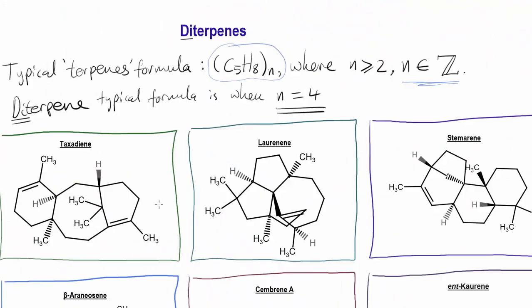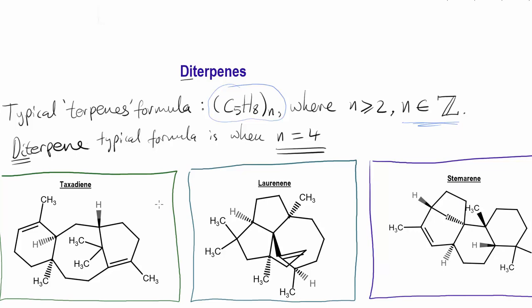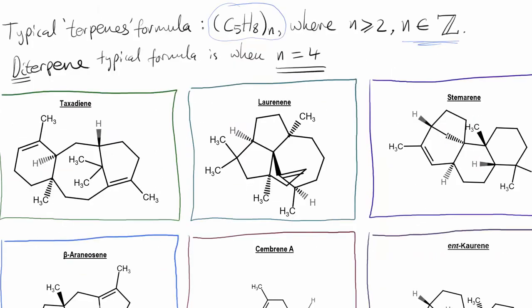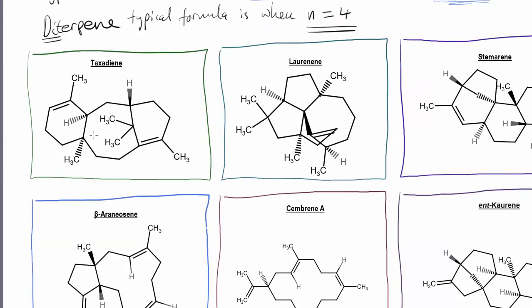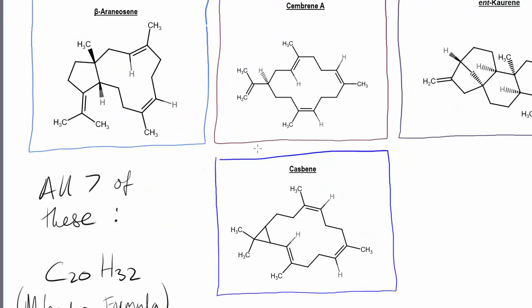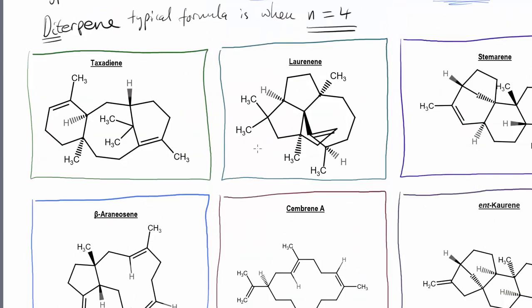Diterpenes, by definition, is when n is equal to 4, and so they have the molecular formula we calculated, C₂₀H₃₂. There are quite a number of interesting molecules which have that formula. So we've got taxodiene. All of these are naturally produced. Taxodiene is naturally produced in yew trees.